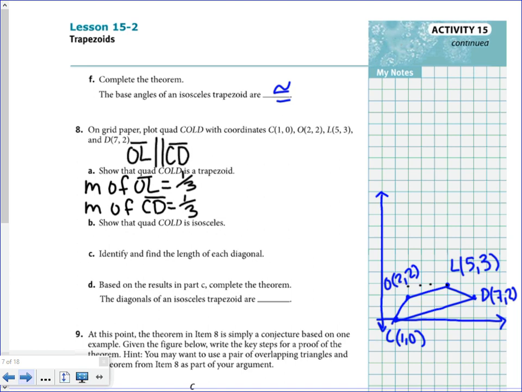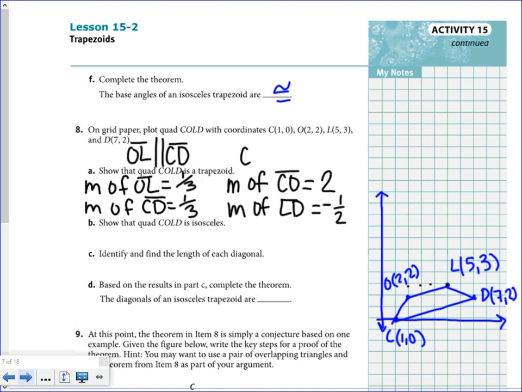Now we need to look at the slope of the other two sides. The slope of CO is 2 over 1, which is just 2. The slope of LD, up 1 and to the left 2, would be negative 1/2, and those are not the same.